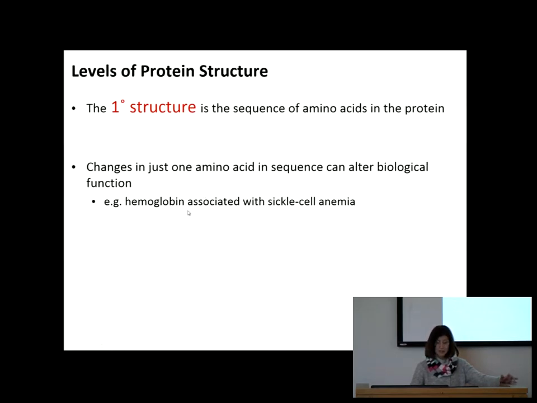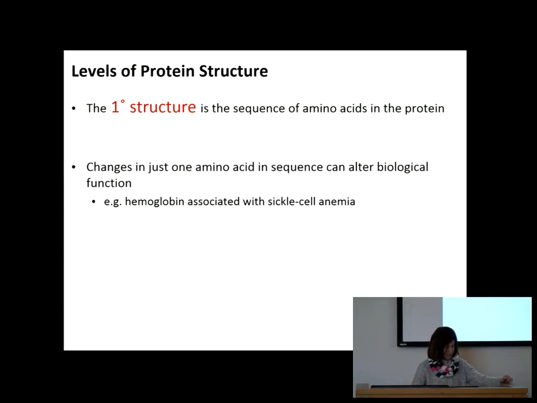The aggregation of the hemoglobin gives us the sickle cell shape for sickle cell anemia. It distorts our red blood cell, giving that sickle shape. It's not as elastic, so it can't deform as it passes through the capillaries.